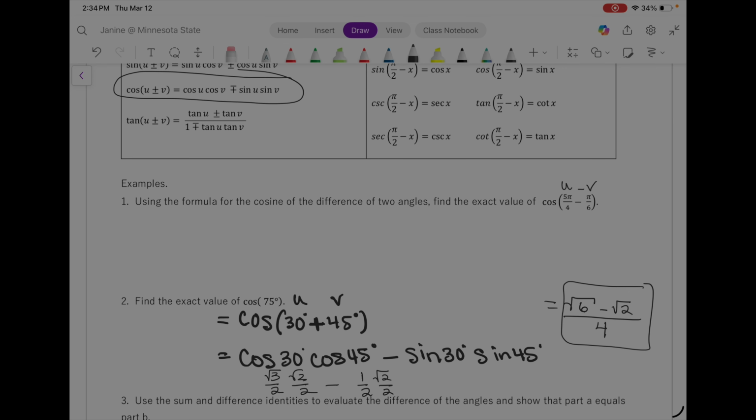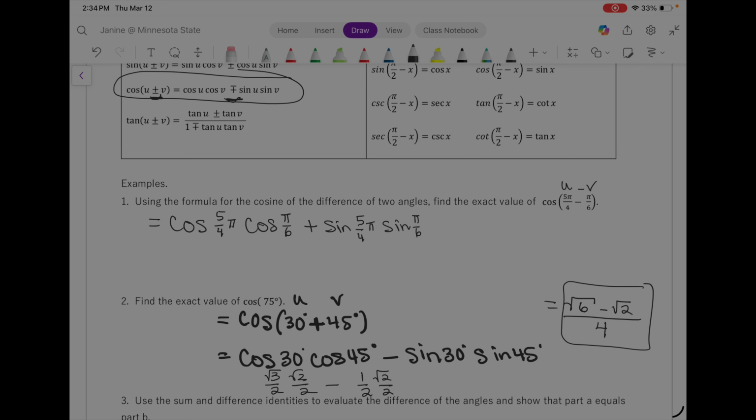So this will equal cosine 5/4 pi cosine pi over 6. Now it has a minus sign, which is the operation on the bottom. So I'm going to use the operation on the bottom, plus sine 5/4 pi sine pi over 6, okay?